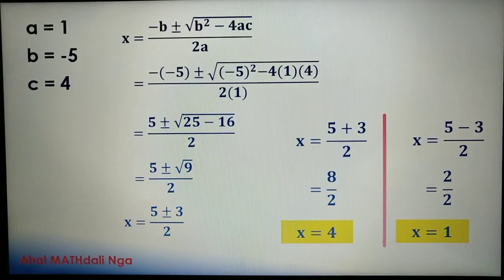So this is our second value of the variable x. So we have now two values of x, positive 4 and positive 1. Very important that we need to check if these values really satisfy the given quadratic equation. So we will do checking.